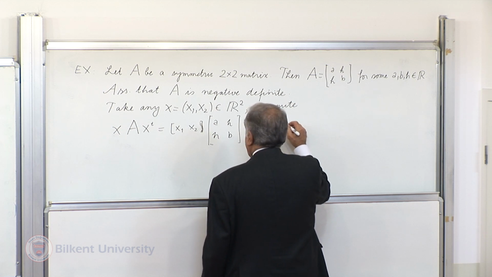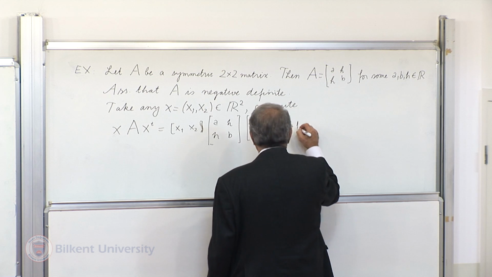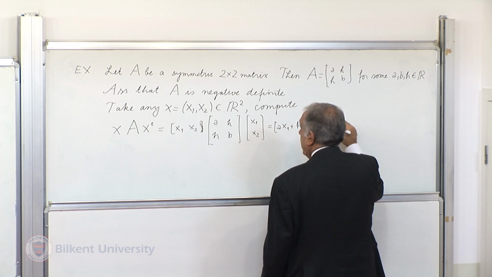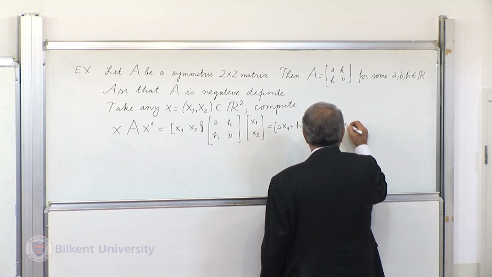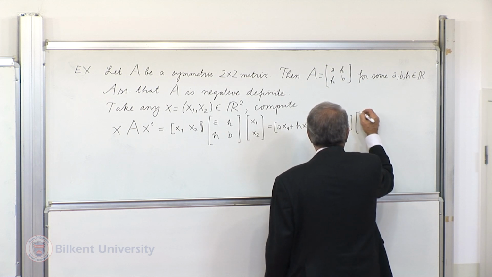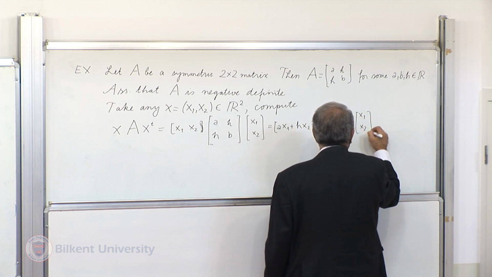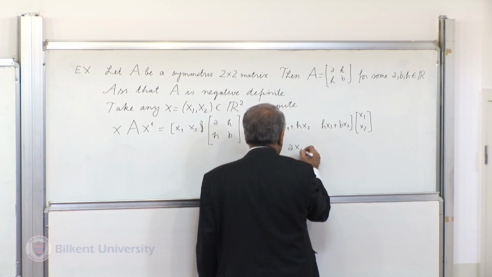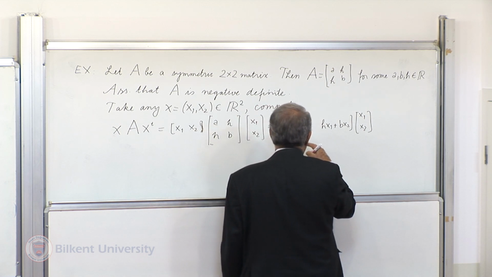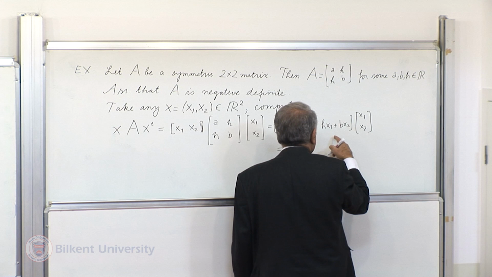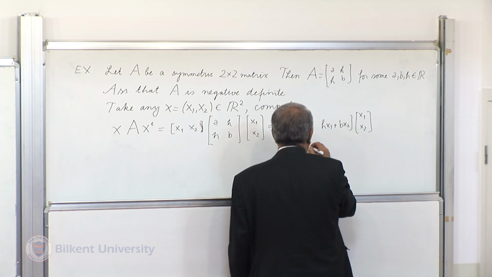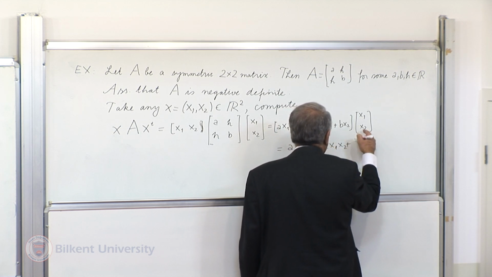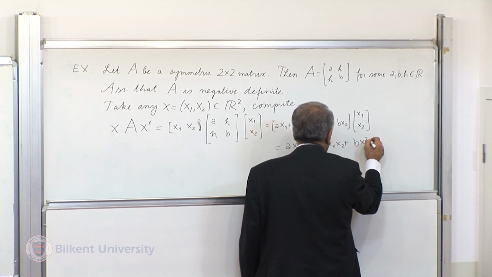So we'll have (a x1 plus h x2, h x1 plus b x2) multiplied by (x1, x2), and this will be equal to a x1 squared, then here we'll have h x1 x2, but from here we'll have that as well, so 2h x1 x2, plus b x2 squared.